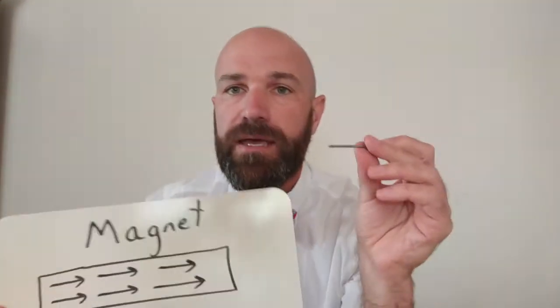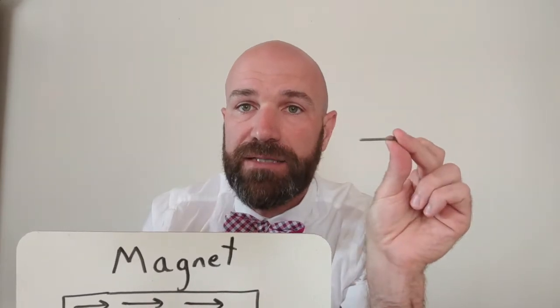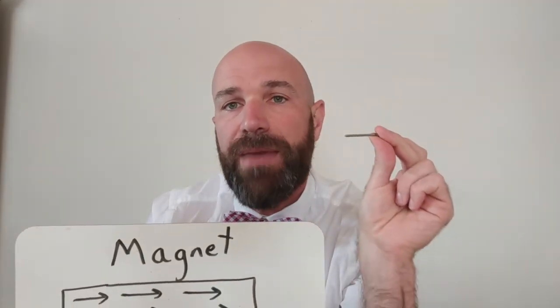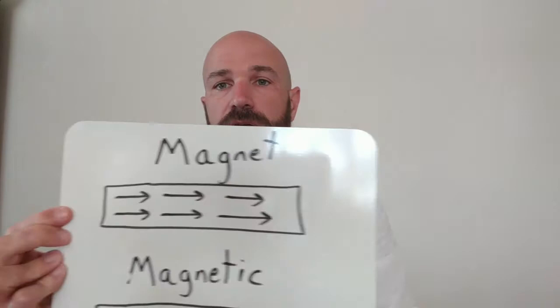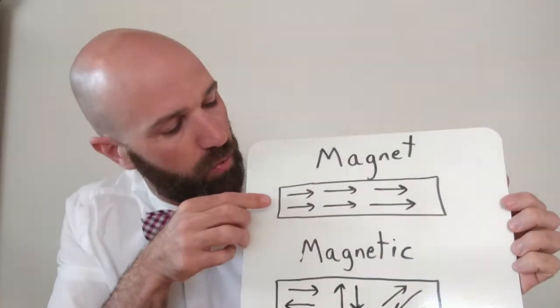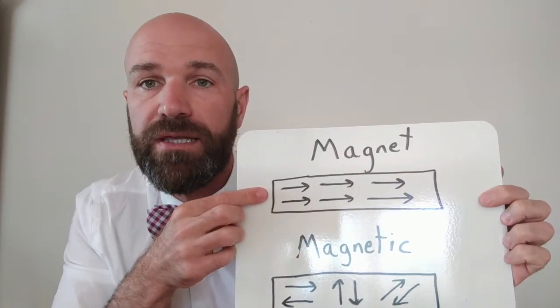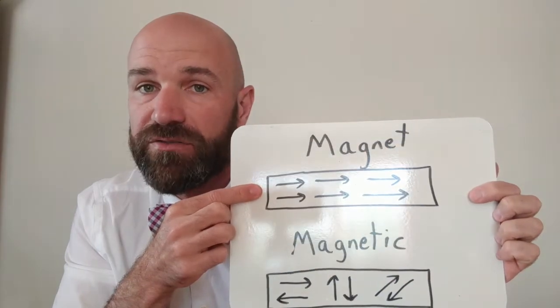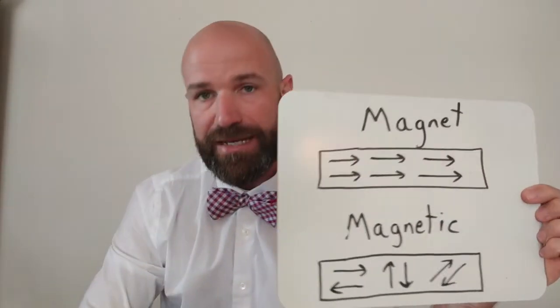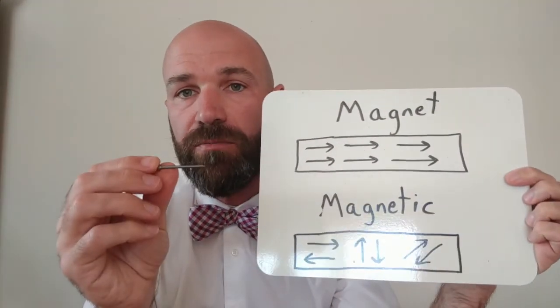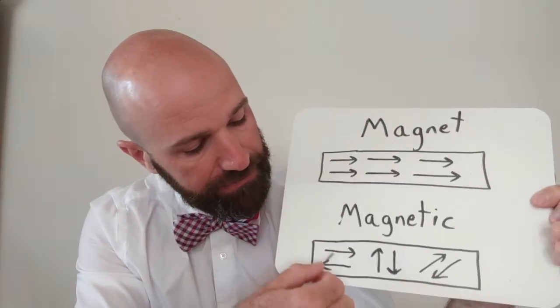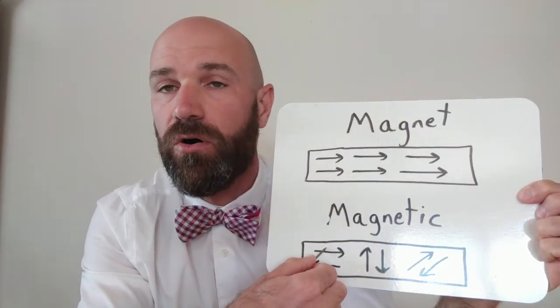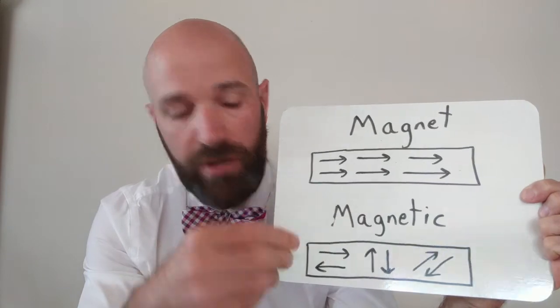So where does this lead? Well, our nail here has tons and tons of magnetic domains. And that's why we call it magnetic, but it's not a magnet. So a magnet will have all the magnetic domains pointing in one place that will not cancel each other out. Whereas something like the nail has magnetic domains, but you can imagine this magnetic domain is pointed one way because all the atoms are influenced that way.